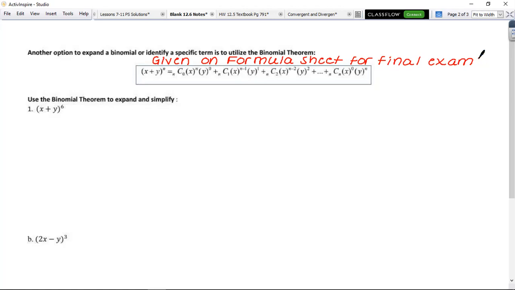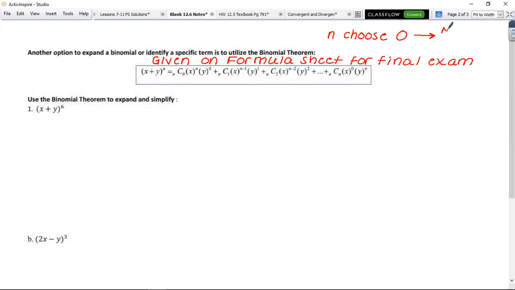So when you see nC0, that is pronounced as n choose 0. This can be calculated right through your math menu on your calculator. So we'll go through that.